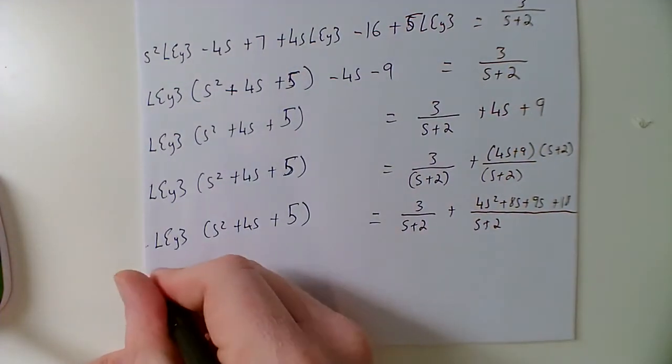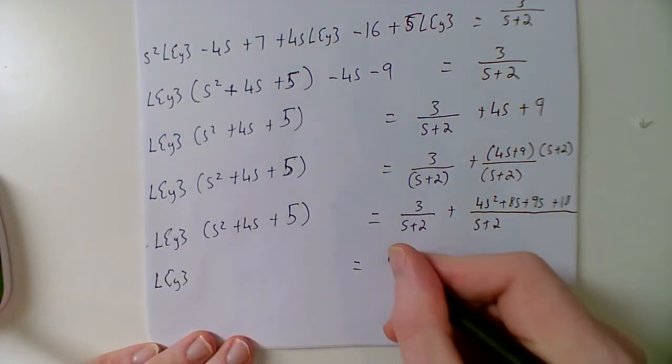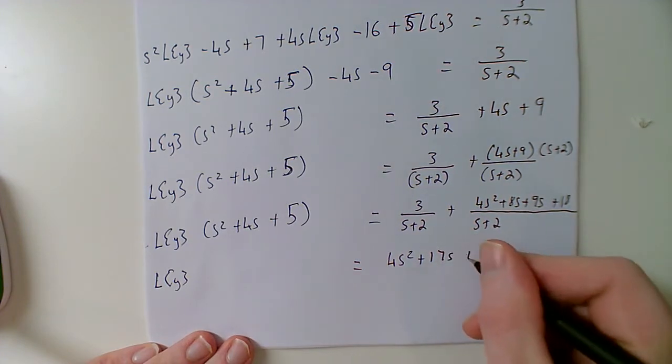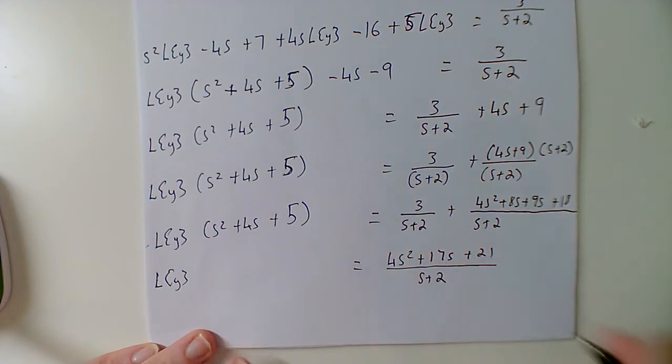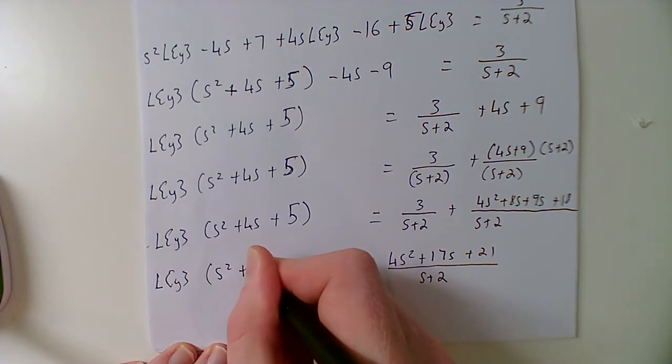So we've got 4s squared plus 17s plus 21 over s plus 2, and I've still got this thing here.